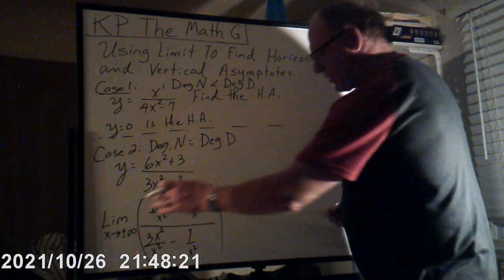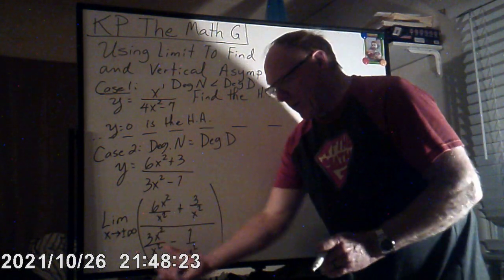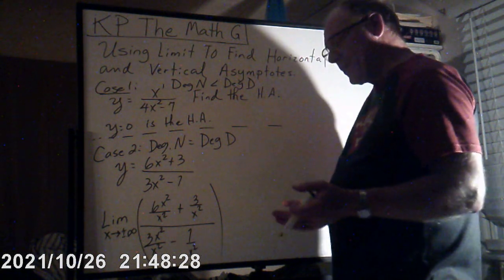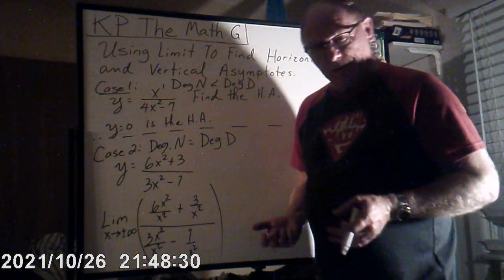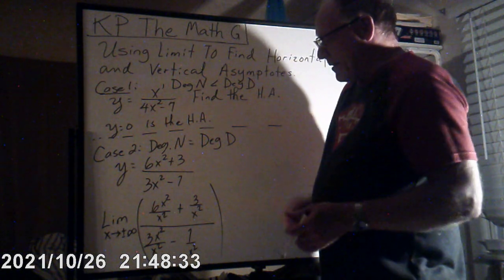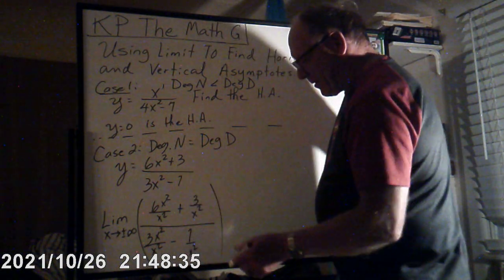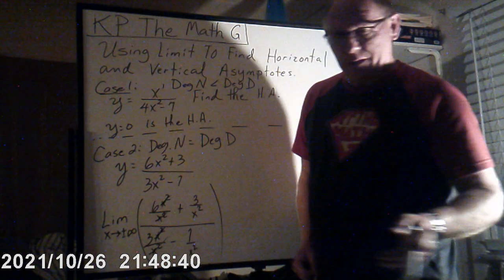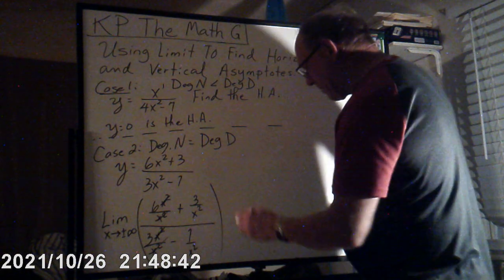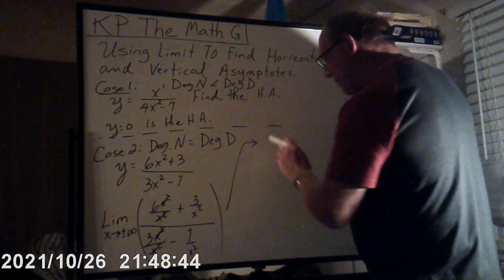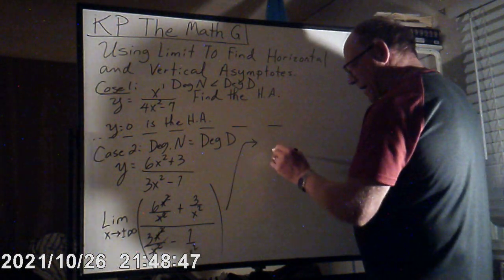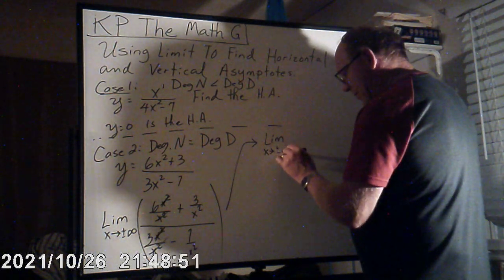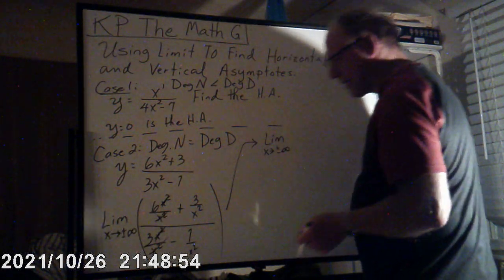Now, instead of doing each one individually with 4 separate limits, if your teacher tells you to do that, then do it. They may tell you to just look at this and come up with the answer. See, these x squares divide out. I hate to use cancel out, a lot of people do that. So what we really have right here is the limit as x approaches either plus or negative infinity, either one.